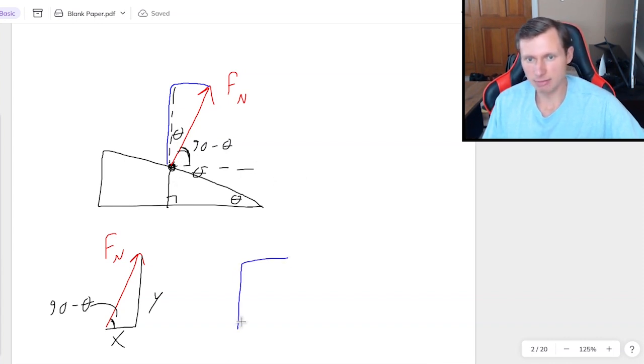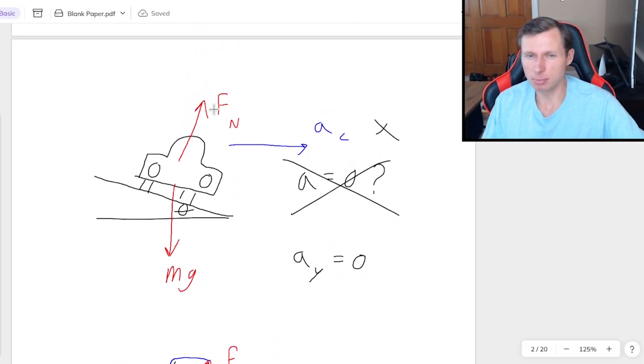And so then I can have this blue triangle where Fn is the hypotenuse, and this is my angle theta. And so it's up to you which triangle you want to do. Personally, I like to do the blue one. I also go with the blue one immediately. I never prove that theta every single time, because once I know it once, I don't need to prove it again. I can just make an imaginary vertical line, put theta there, and there's my blue triangle. I usually just do that in one step.